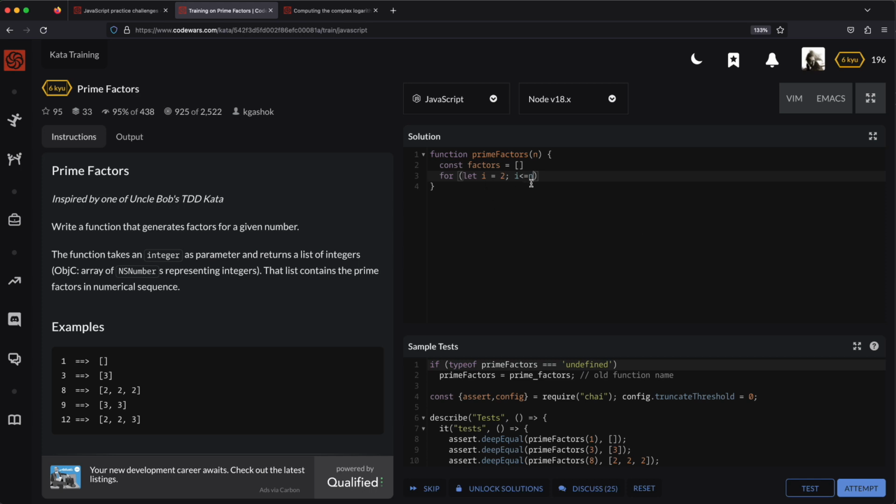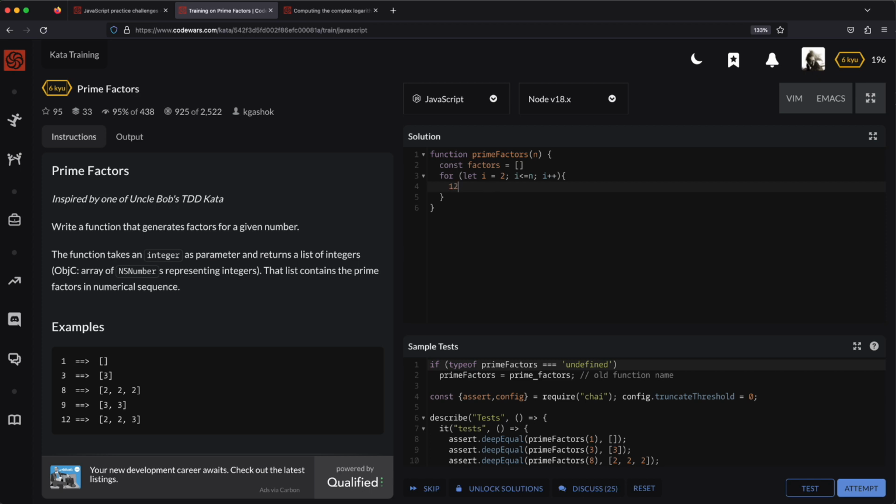So we need n here, and then add 1 to the i. So this is for numbers. And when I get 2, I need to divide n by 2 until that number is not divisible.